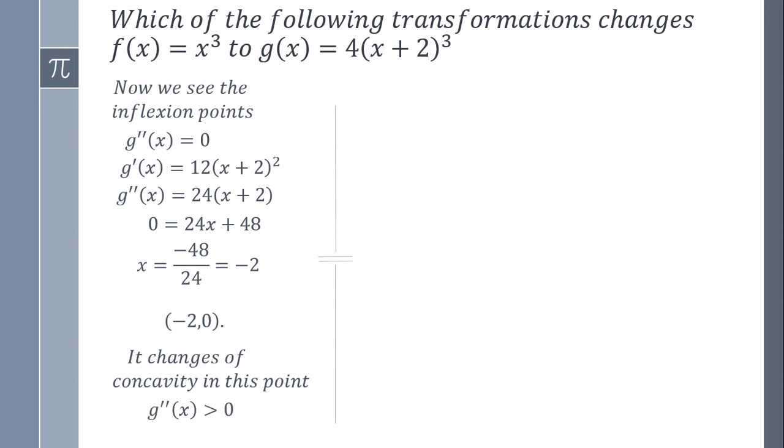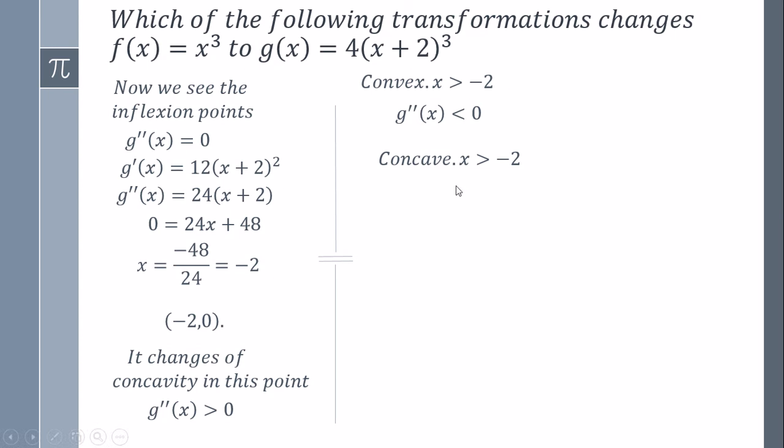Okay, so now I'm going to see when the g second derivative is larger than 0, it's convex. So when we take this one, and when x is larger than minus 2, this is going to be positive. So it means that x larger than minus 2 is going to be convex. On the other side, when we have the second derivative smaller than 0, it's going to be concave.